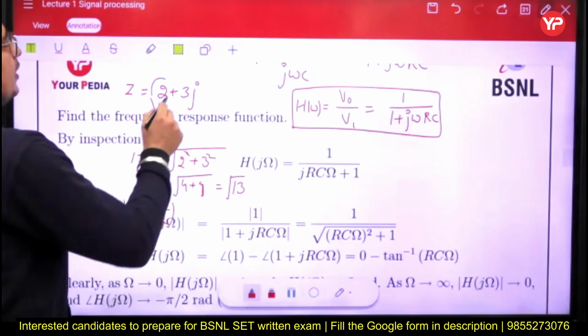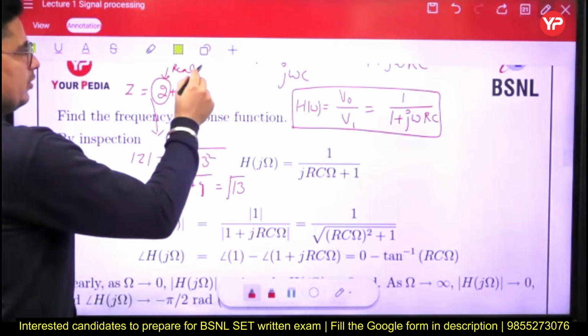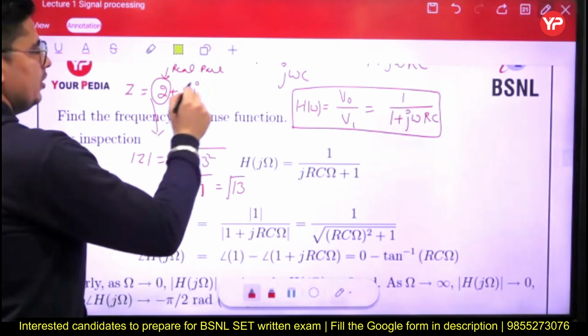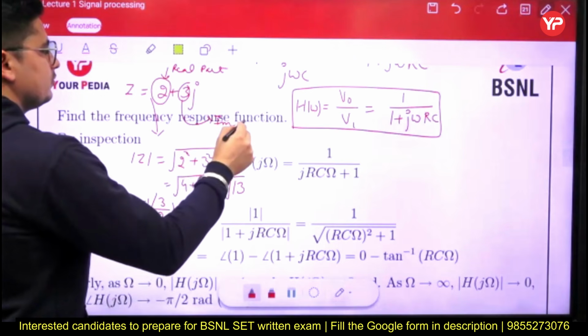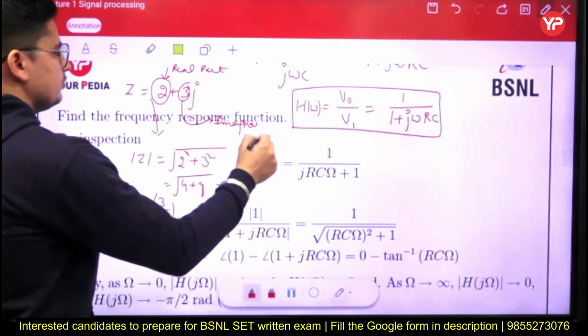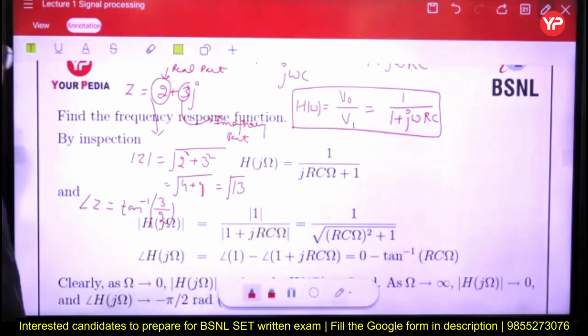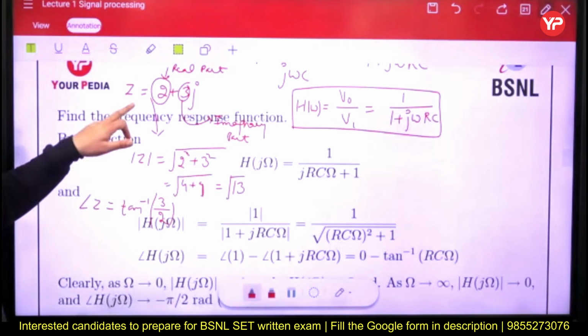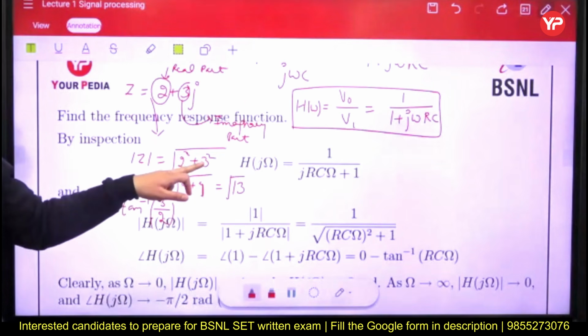See, this part is known as the real part of any complex number, and this is the imaginary part. If you calculate the magnitude, that will be under root of real part square plus imaginary part square.